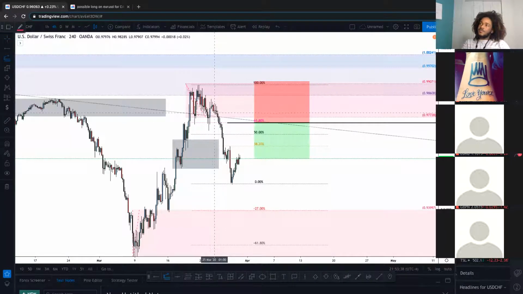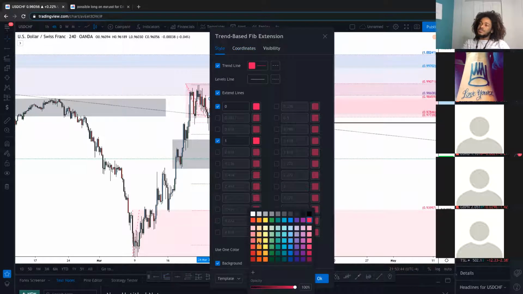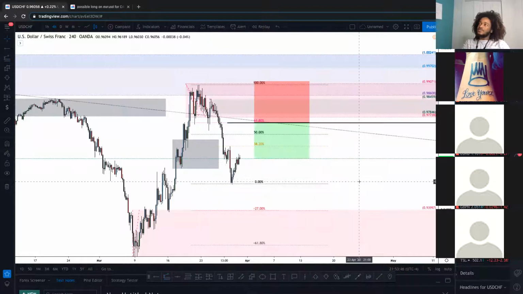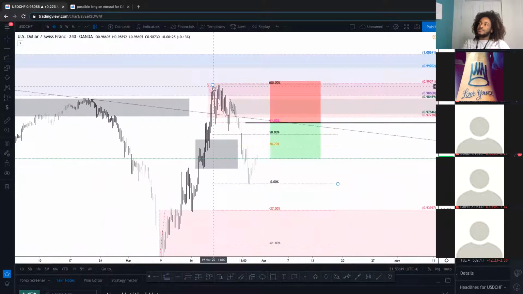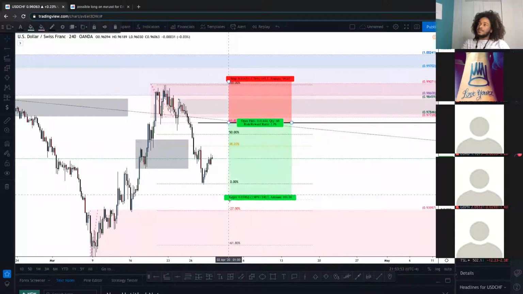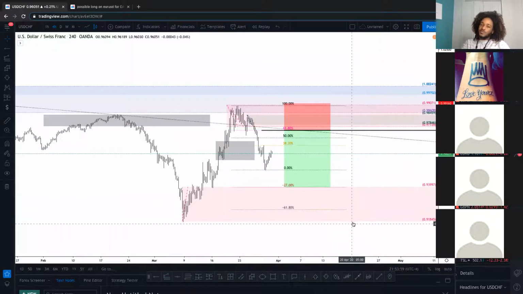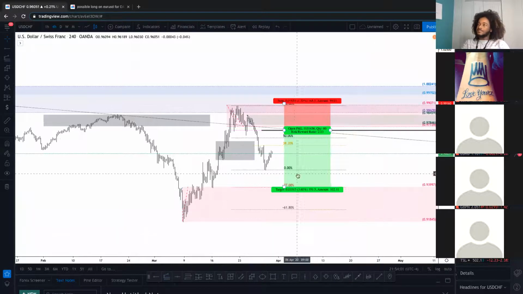So this would be 4 hour nested supply. Yeah. The chart is dirty, but once you have an idea of what's going on, you can clean it up, right? And take profit would be here. But then your take profit would also be open because you're expecting this to be removed, right?